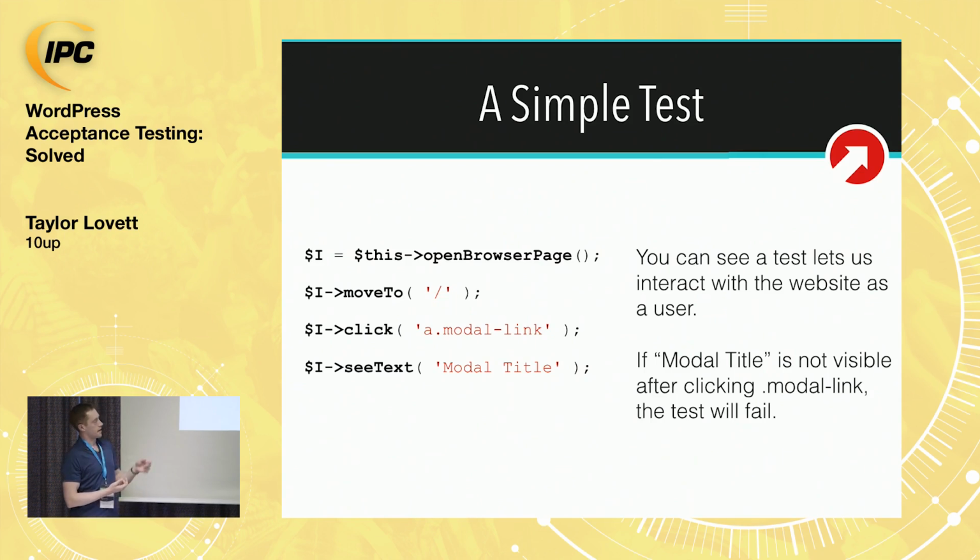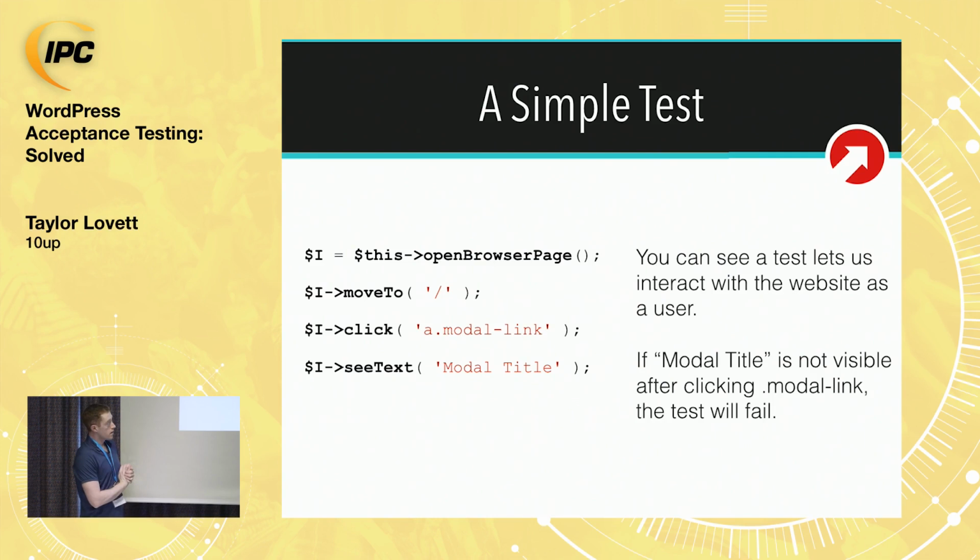Then I is clicking on a.modal link, just a standard CSS selector. And then I is calling the cText method, which is really just an assertion, asserting that it sees the text. The text is actually visible in the browser modal title. So if the modal title is not visible after clicking that link, the test would fail.